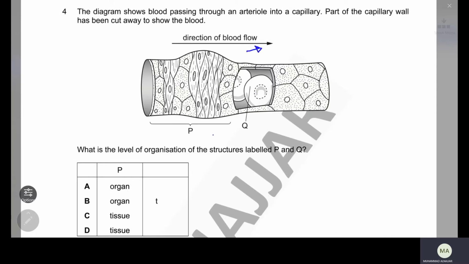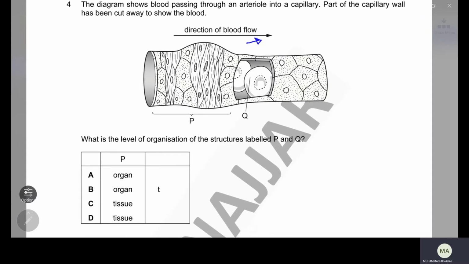The question is, what is the level of organization of the structures labeled P and Q? This is structure Q, and all of this region is P.